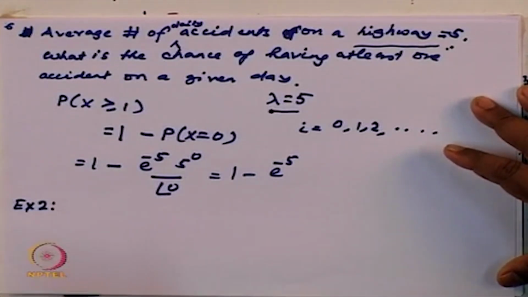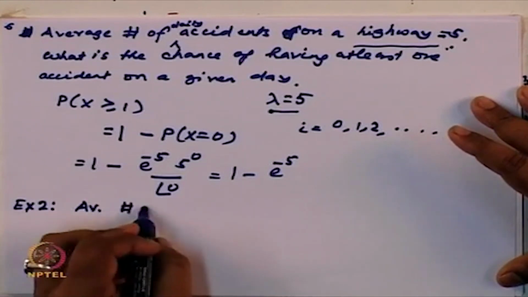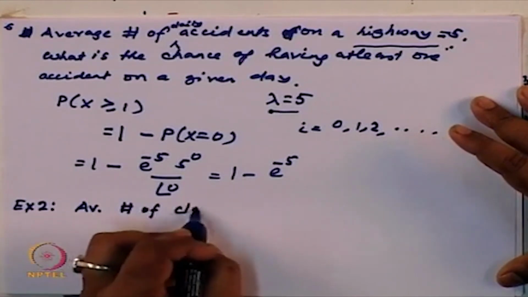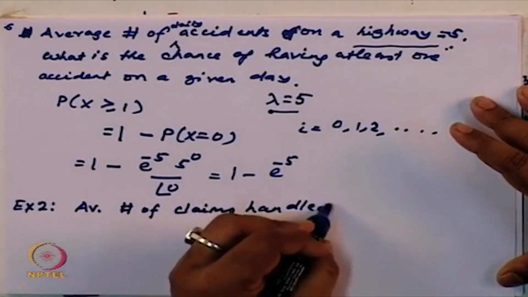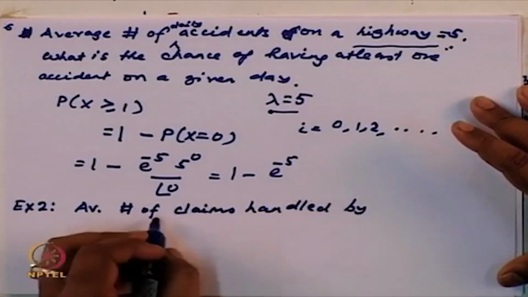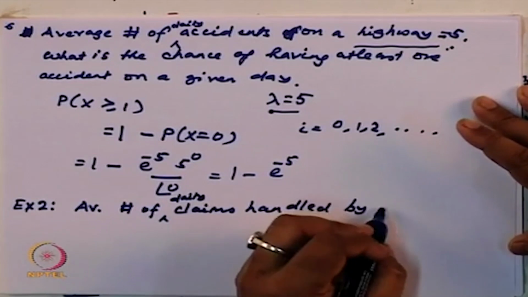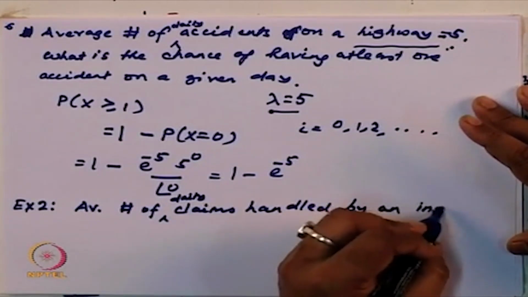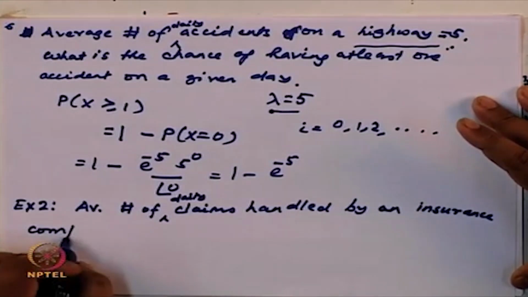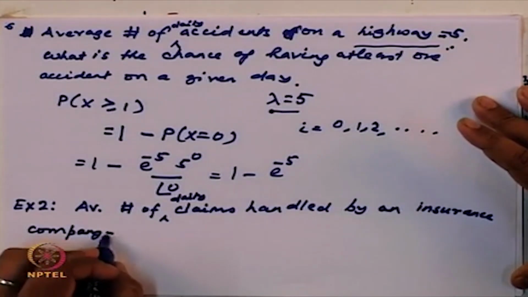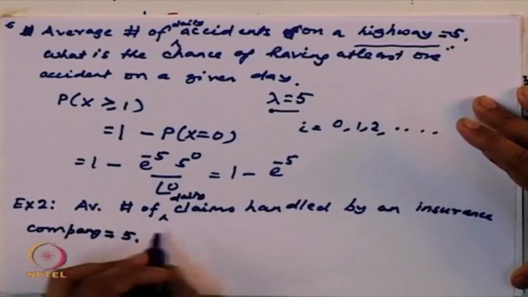Example 2. Let us say the average number of daily claims handled by an insurance company is equal to 5.